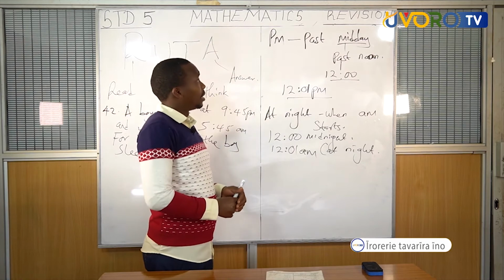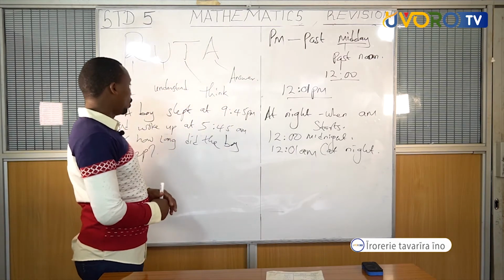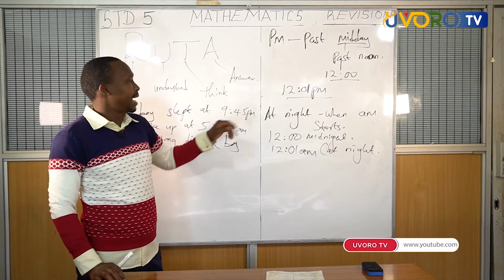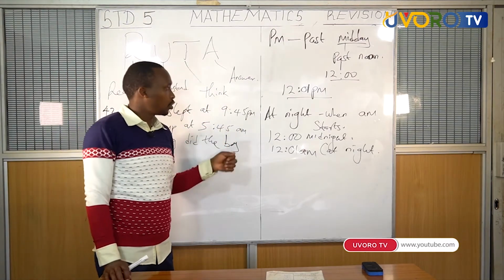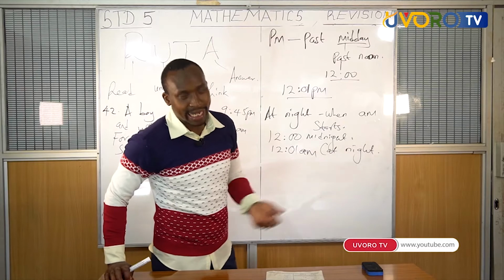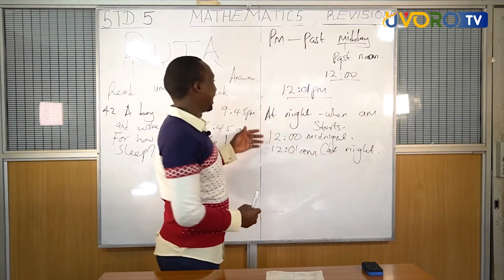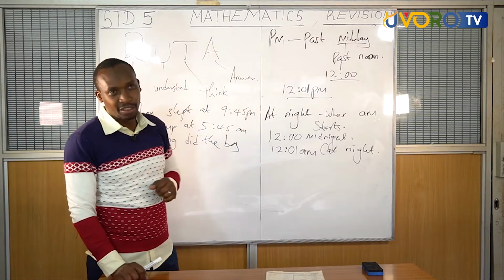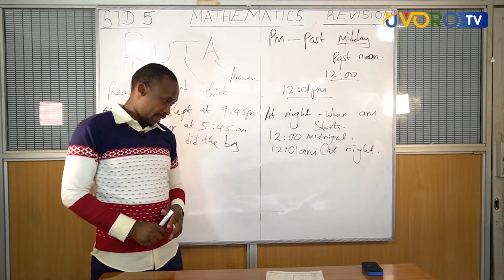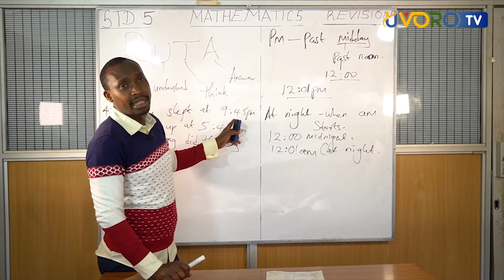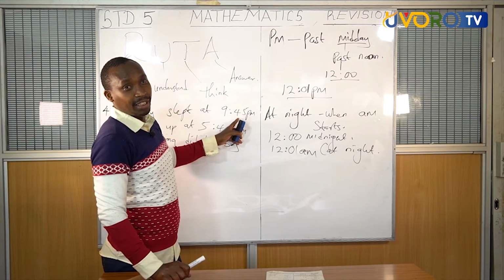Now, class 5s, I want you to see this 9:45 p.m. We have talked of p.m. It starts at, very good, 12:01 during the day. So this is during the night.